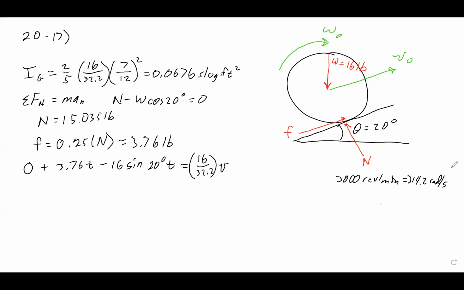All right, and now we can take that moment of inertia, 0.0676, times the initial angular velocity, 314.2.